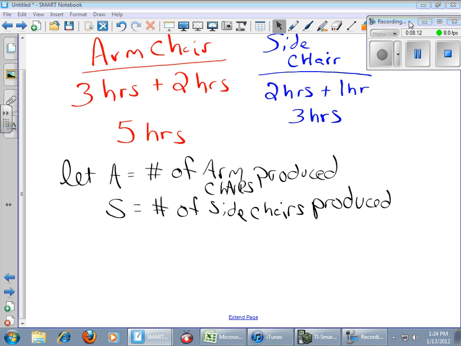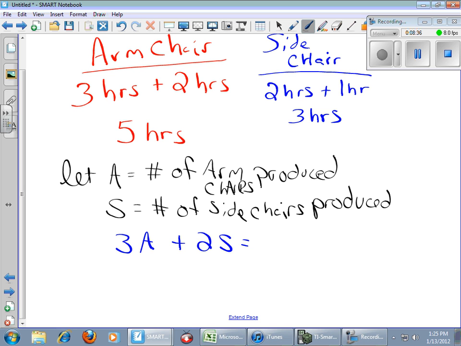Okay, so I know that for every armchair, it takes 3 hours to build it, right? So that'll be 3A. And 2 hours for every side chair.